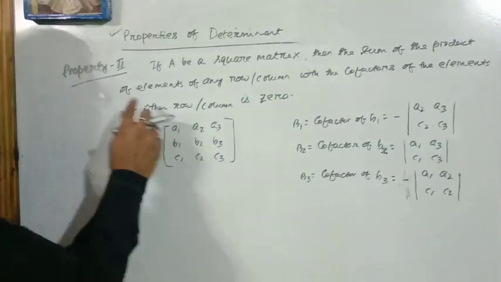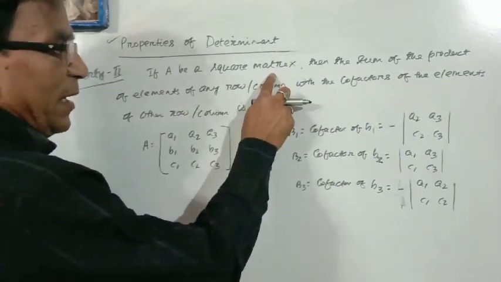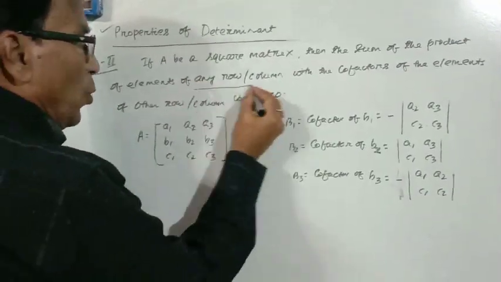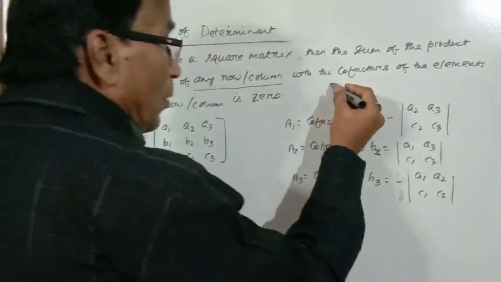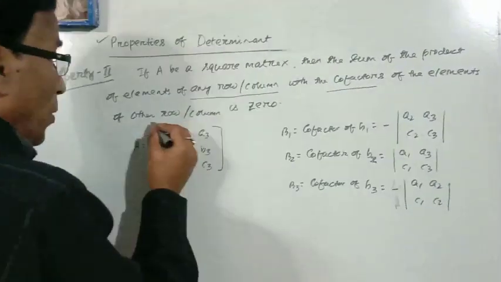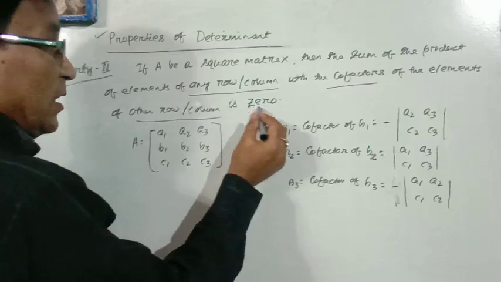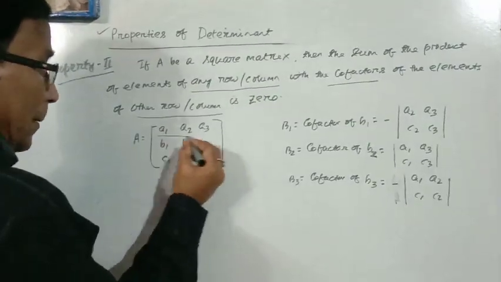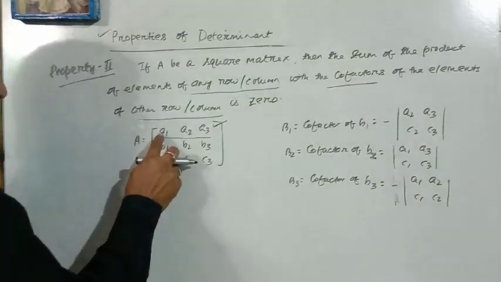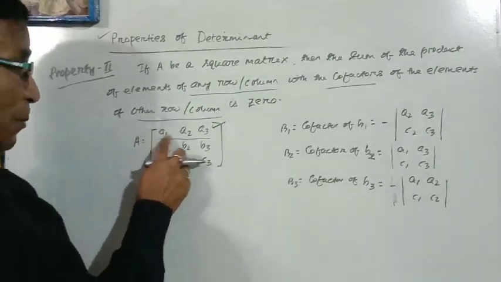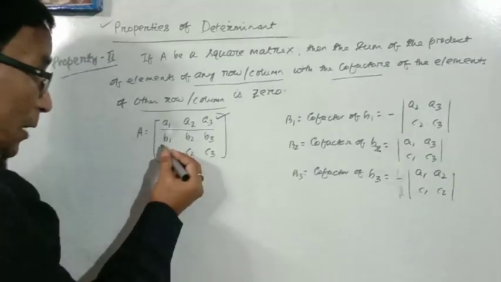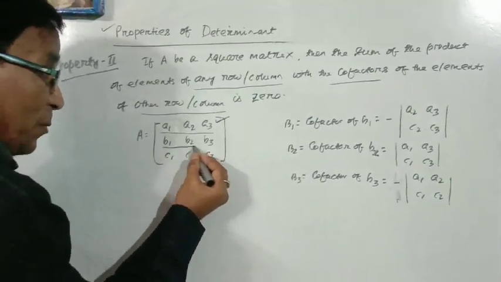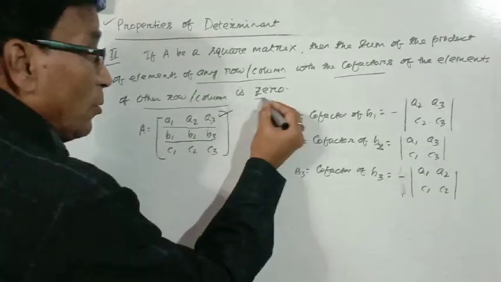Next is property 2. If A is a square matrix, then the sum of the products of the elements of any row or column with the cofactors of the elements of other rows or columns is always 0. That means here you see, if we take the sum of the products of the elements of the first row with the corresponding cofactors of the elements of the second row, that will be equal to 0.